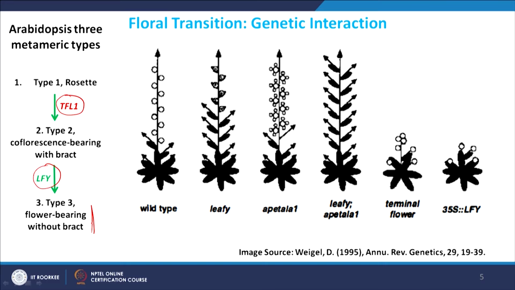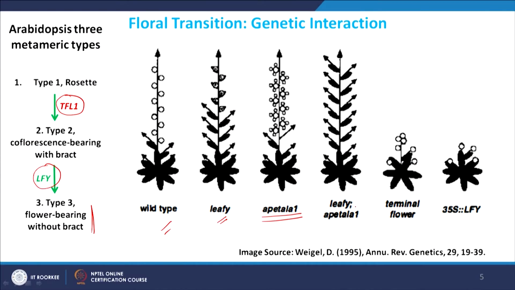And these are some other mutants, the typical schematic diagram of the mutants. So, this is wild type, and if you look at the leafy-like structure, you can see that there is a defect in the floral meristem identity. Another gene, APETALA1, which is AP1, is another important gene responsible for giving floral meristem identity, and together with or in parallel with LEAFY, both work to ensure the floral meristem identity.